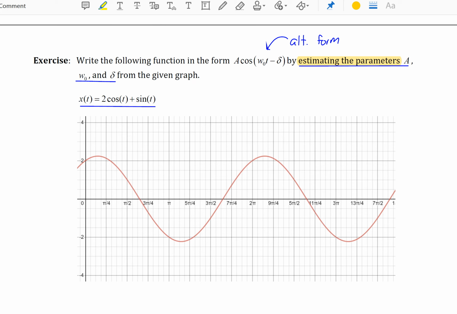And maybe this is a realistic expectation, that when you walk up to a spring that's oscillating, you'd like to be able to look at the spring and come up with the equation of motion. So maybe in a real scenario, this equation may not be known.